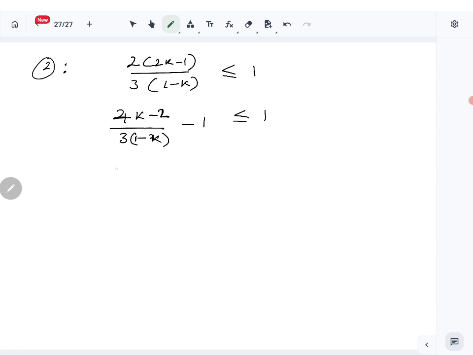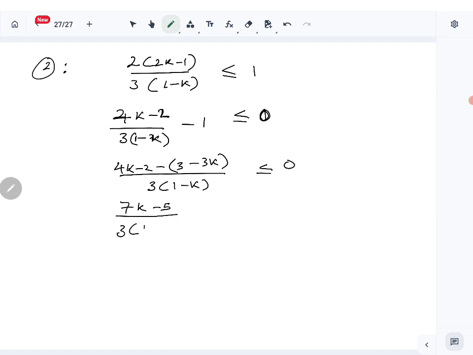Simplify: 4k minus 2 minus 3 plus 3k over 3 times 1 minus k is less than or equal to 0. So you get 7k minus 5 in the numerator, 3 times 1 minus k in the denominator, less than or equal to 0.